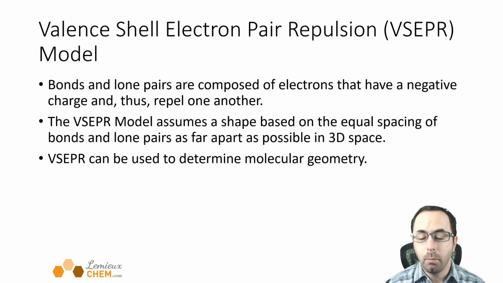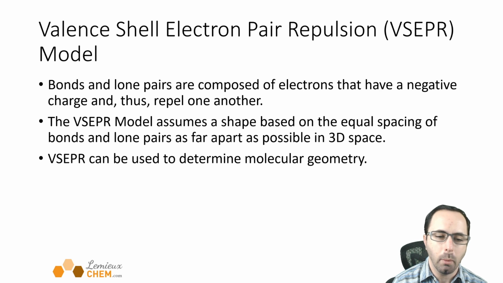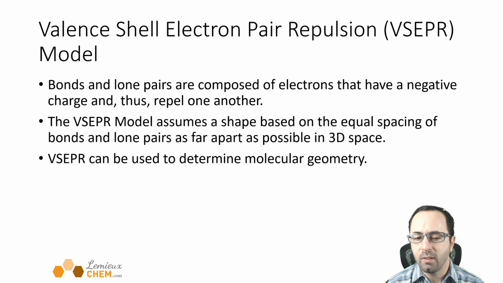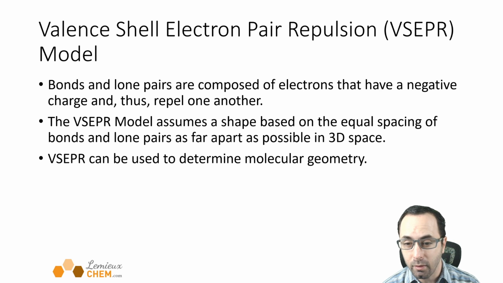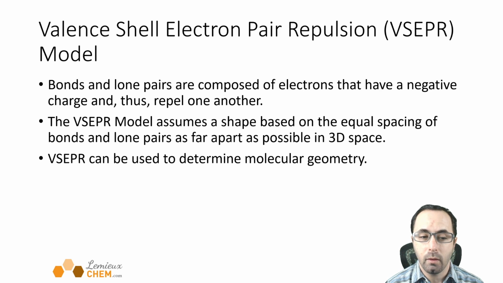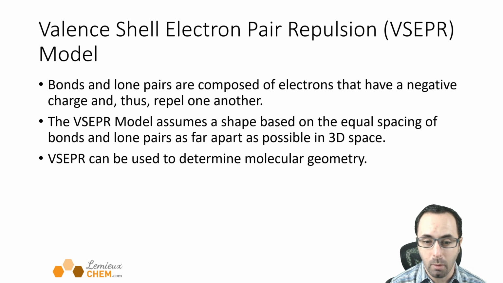So the VSEPR model is basically a geometry type of model that says that, assuming these bonds and lone pairs repel each other, they are going to want to be as far apart as possible in three-dimensional space. And the point of VSEPR is to determine the molecular geometry of the molecules.